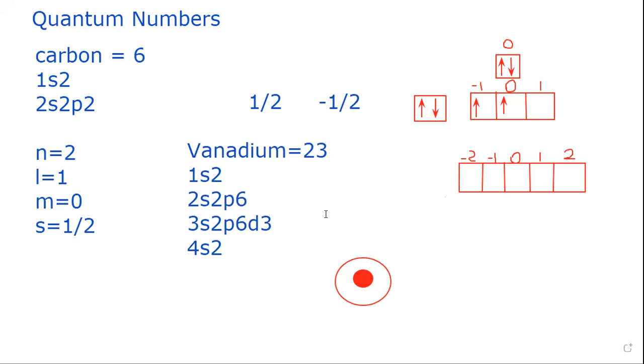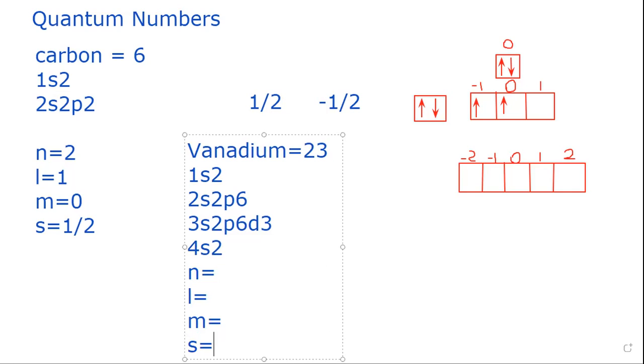If we have to do the quantum numbers for this, what are we going to write for vanadium? I'm gonna write here the letters that we write for the quantum numbers. There are 4: n, l, m, and s. In this case, what is n? Remember, n refers to the energy level where you place the last electron.